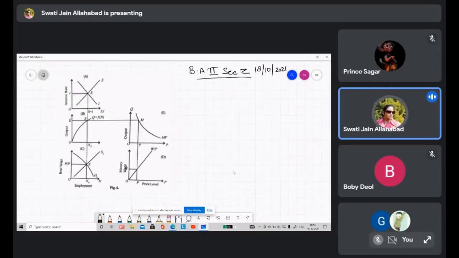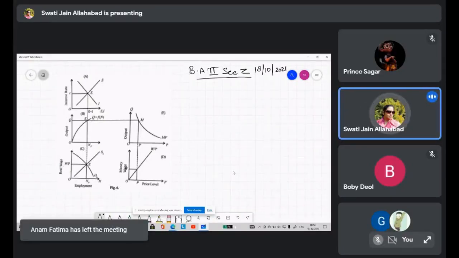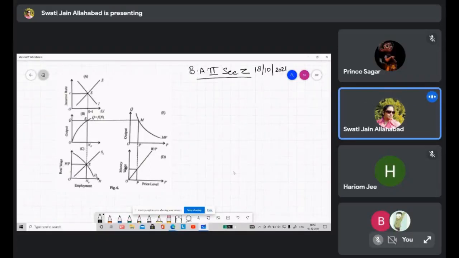Okay, given all the assumptions: long run, full employment, flexible prices, Say's law. So we first understood the labor market equilibrium, which you can see here in this diagram.